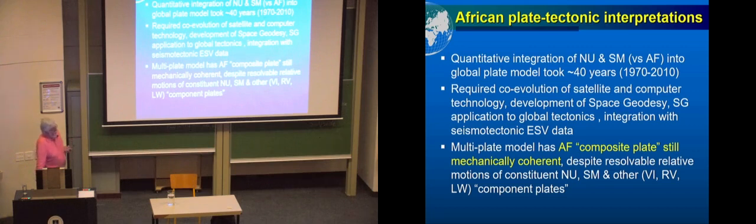The important part, however, is that this concept of a composite plate actually comes out of some of Richard Gordon's papers, in that particularly in the south, there's still a very strong dynamic coupling between the plates. They're moving very slowly. The pole of rotation for that part of the system, the Nubia-Somalia pole, is within the zone of plate boundary, which means that the plates are coupled, which means that there can be a null point on the plate boundary and a spreading zone north of it and a compressional zone south.